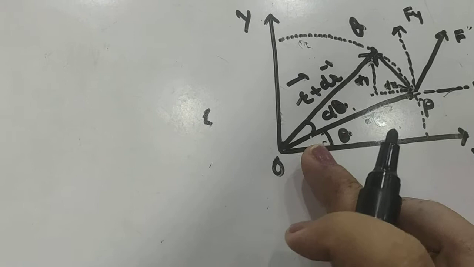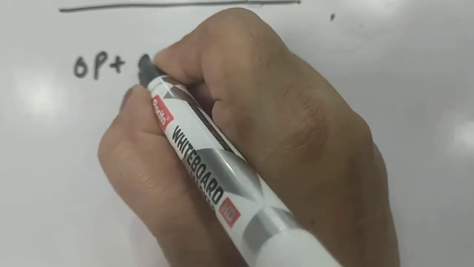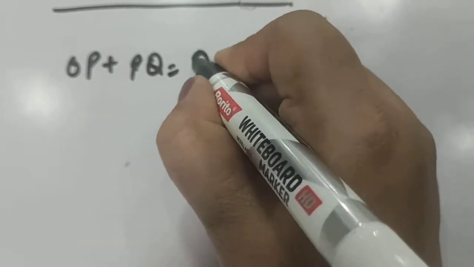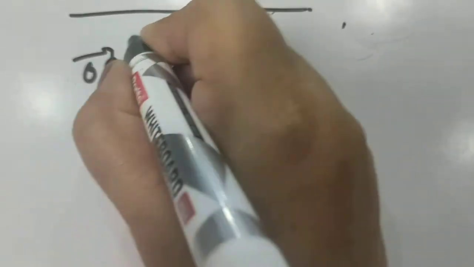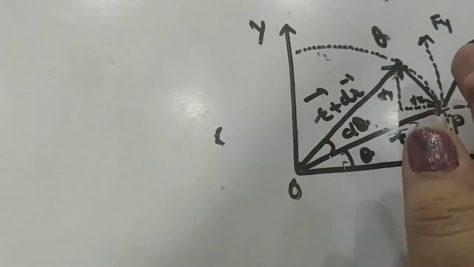So in triangle OPQ, by using the triangle law of vector addition, we can write OP plus PQ is equal to OQ.